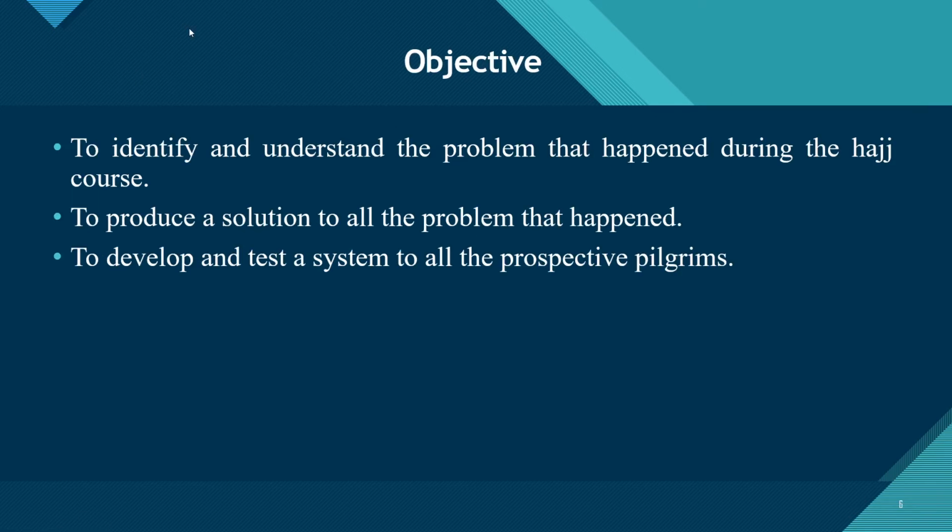The objective of this project is to identify and understand the problem that happens during the Hajj course, to produce a solution to all the problems that happen, and also to develop a test system for all prospective pilgrims.